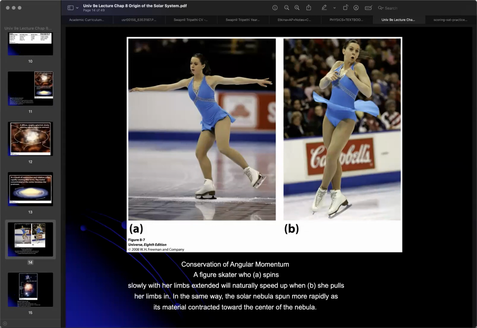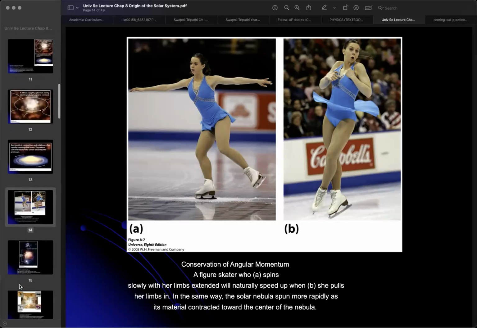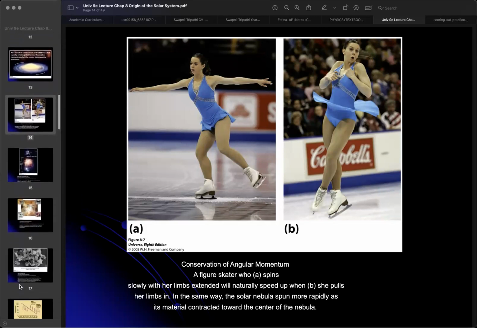In the same way, when the disk contracts, it starts to spin faster and faster. In fact, most of the objects in the universe are spinning, and they're spinning quite fast because of this reason.